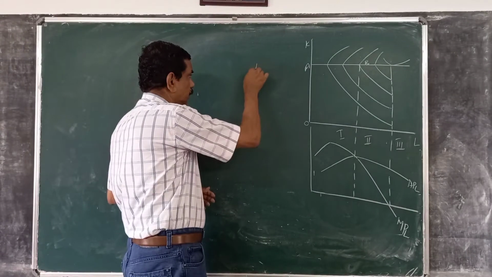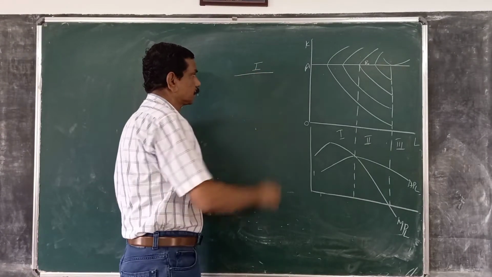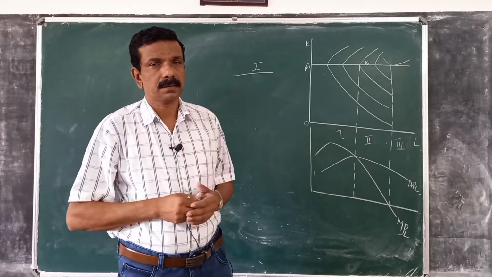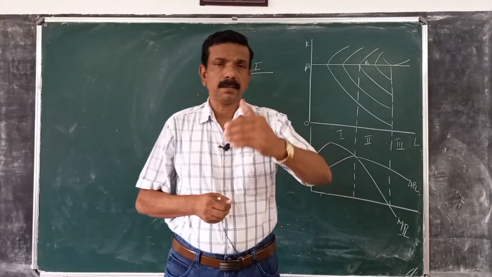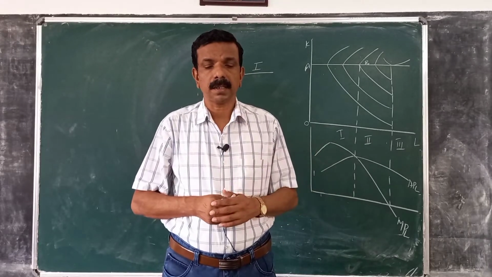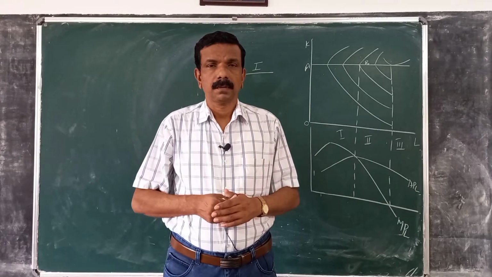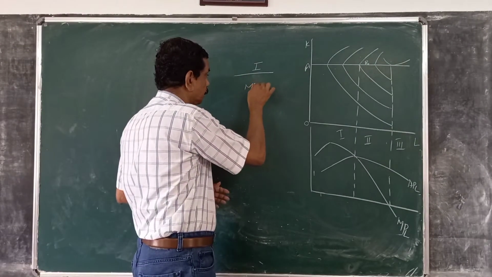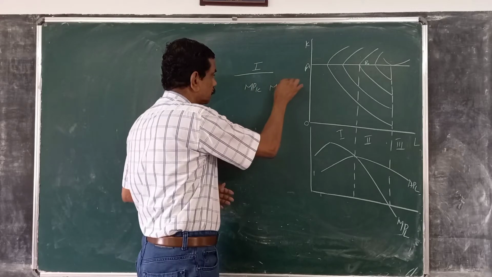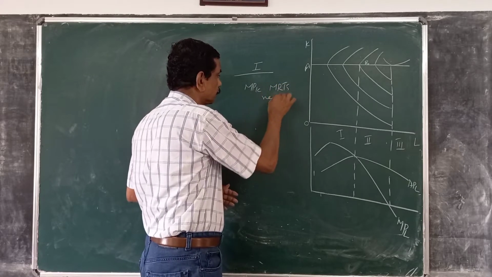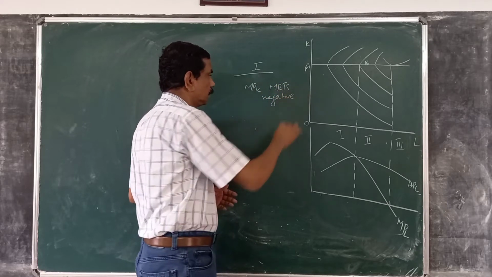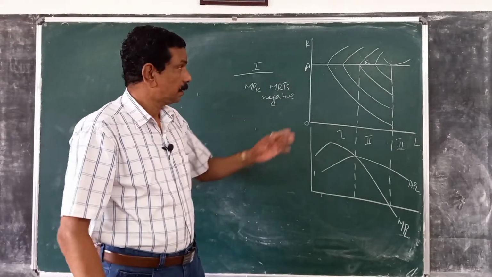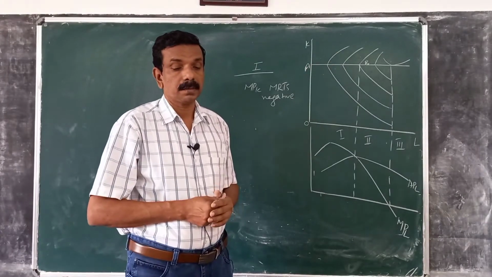Now let us see what is stage 1. We know that in the first stage, the variable input labor is small relative to capital. So MPK and MRTS are negative, and isoquants will be positively sloped.